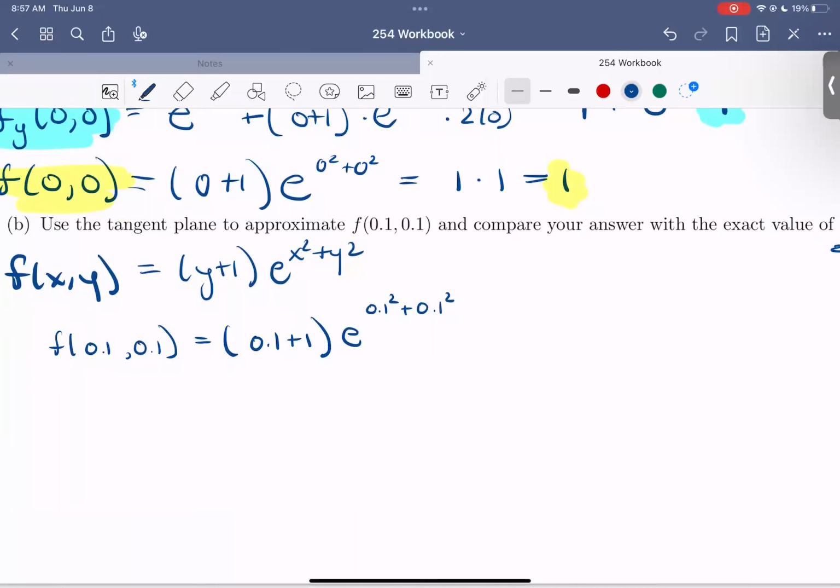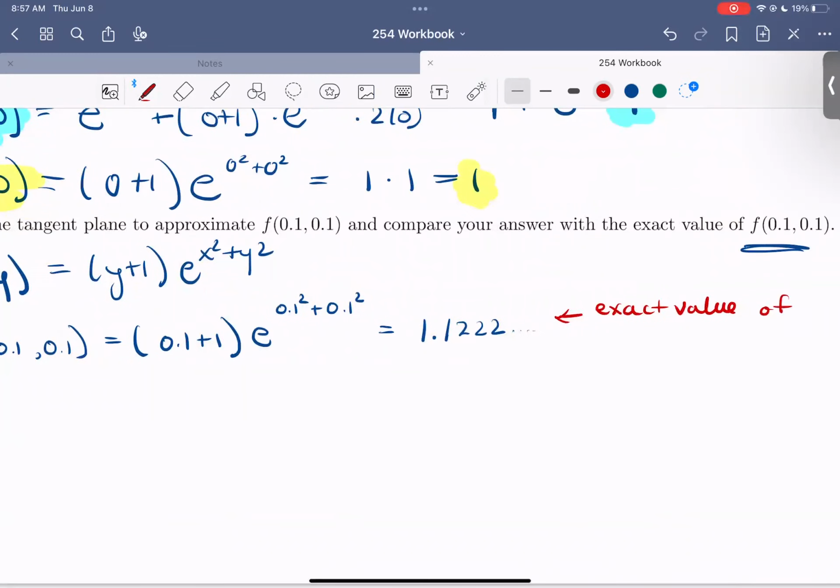So I'm going to have to get out my calculator to do that, so I encourage you to follow along. And I get something close to 1.1222 repeating with that 2 repeats. So this is what we'd say is the exact value of f of 0.1, 0.1.